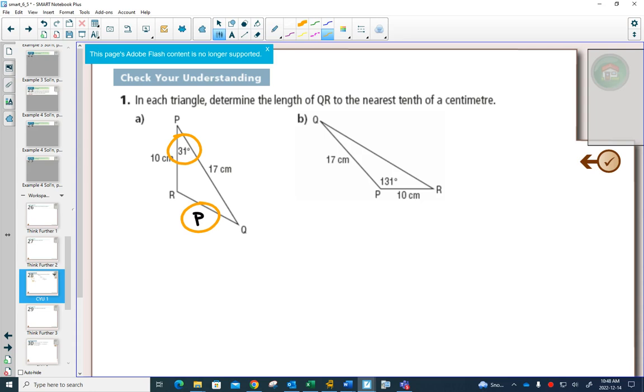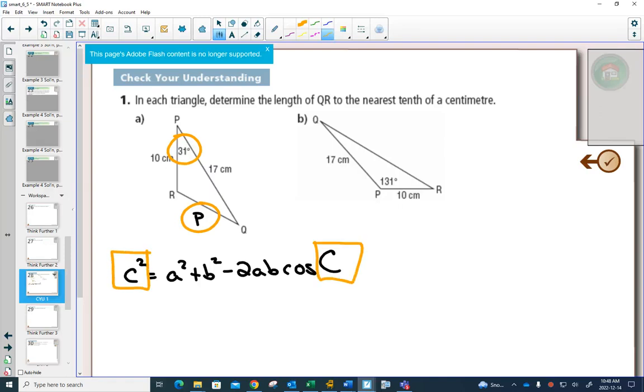So of your two cosine formulas, and I'll write it out just like it was in the textbook, since we're solving for a side, we're going to use the one that has a side equals. And the side that we're solving for is the one that goes with the opposite of the angle.